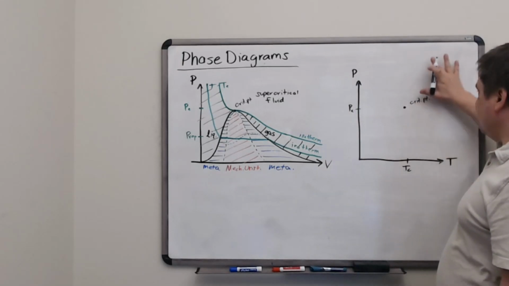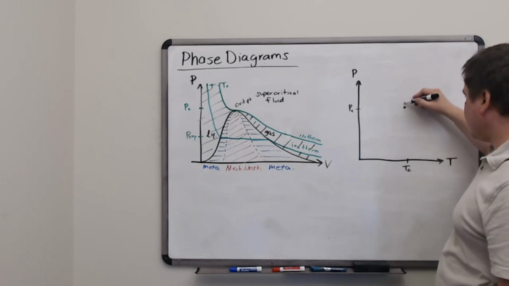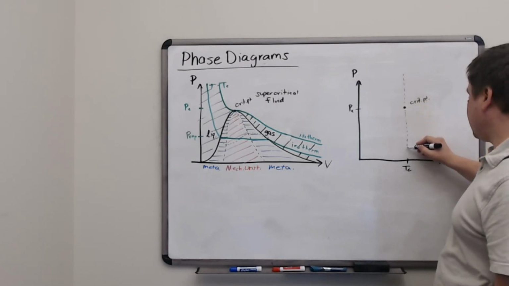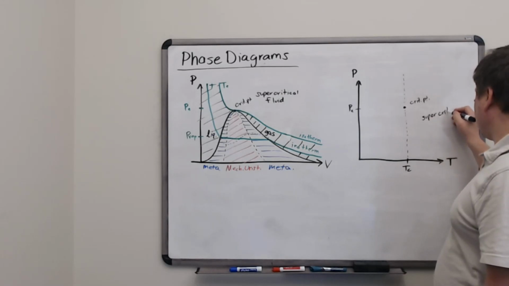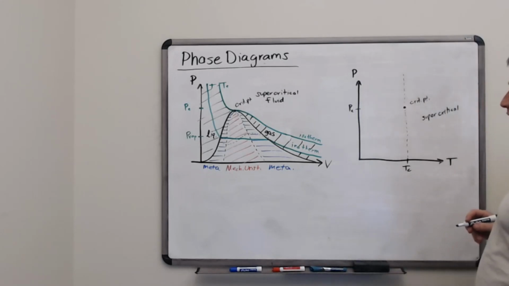And up here, we're in the supercritical region. So anywhere above TC is in this supercritical region where there's no definite phase transition.